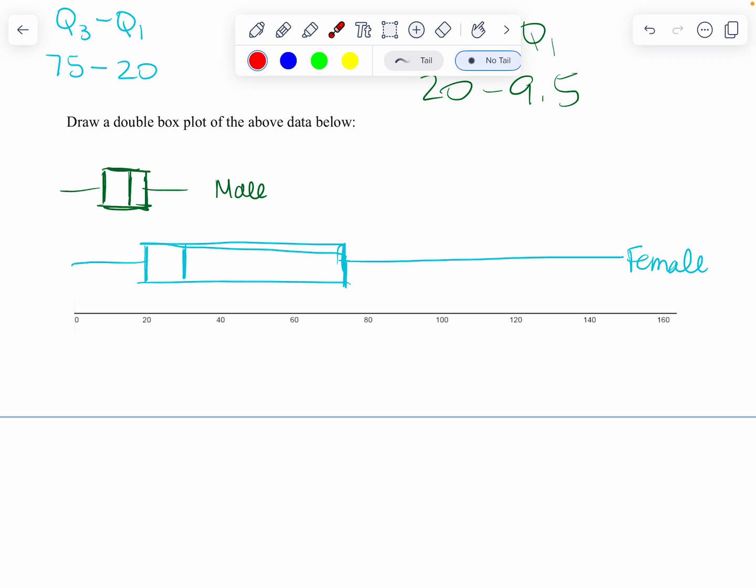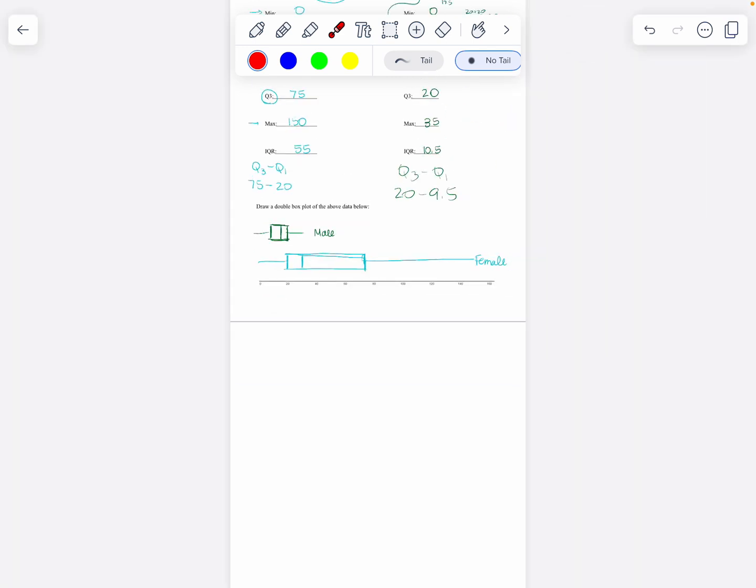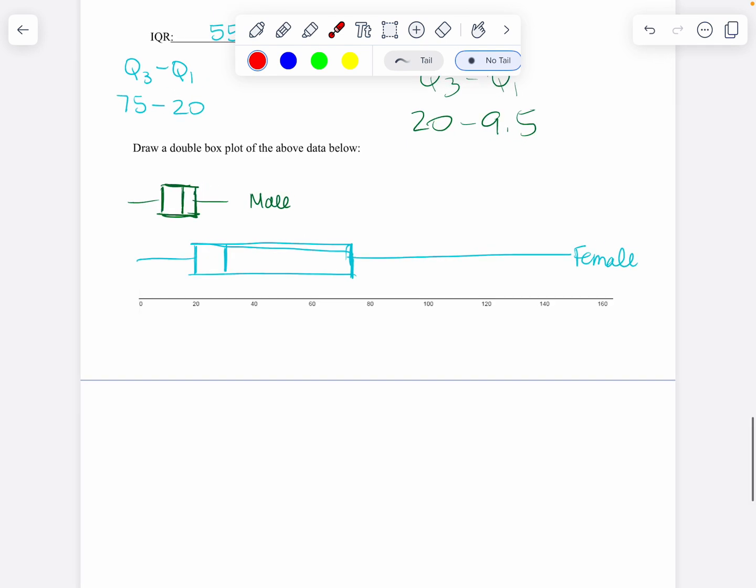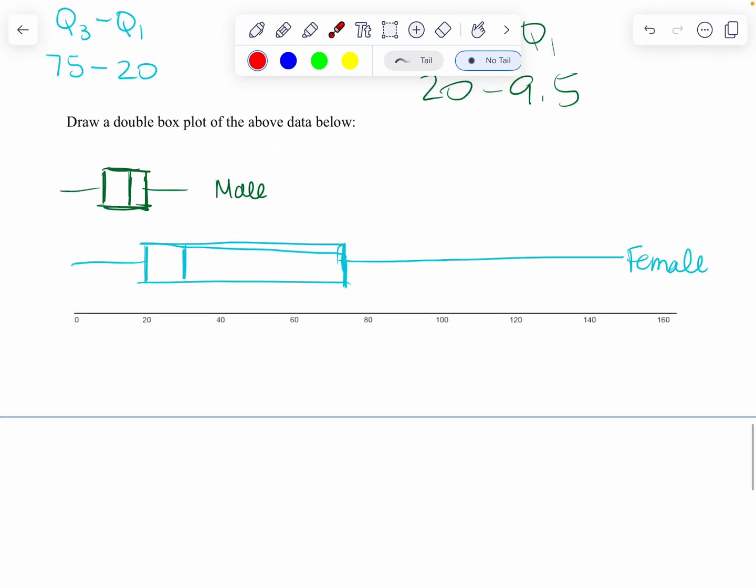Again, notice the size of the box. This box is so much less wide than this one. Again, that's our IQR. Our IQR is how wide the box is and the variety in the responses. So look, this size of the range here too, like this length here, tells me that there's a wide variety. How much girls pay for haircuts is all over the place.